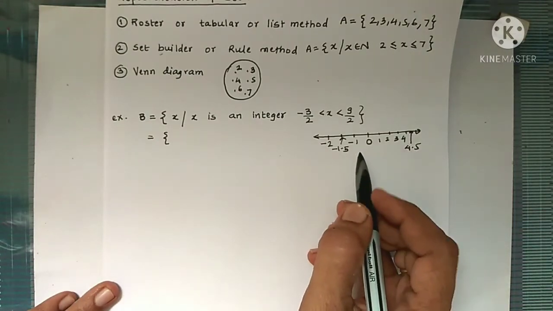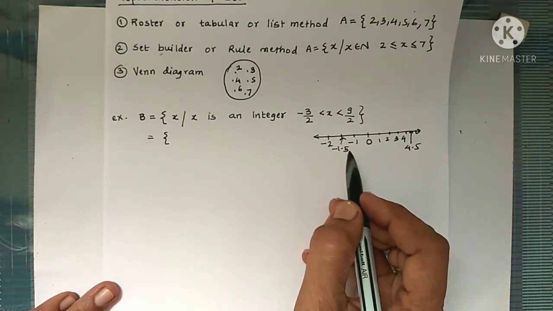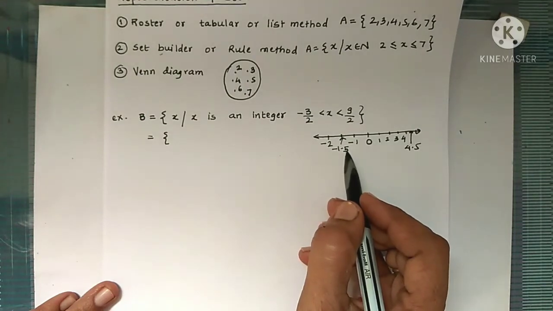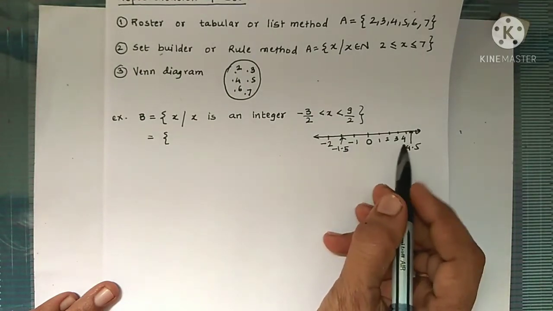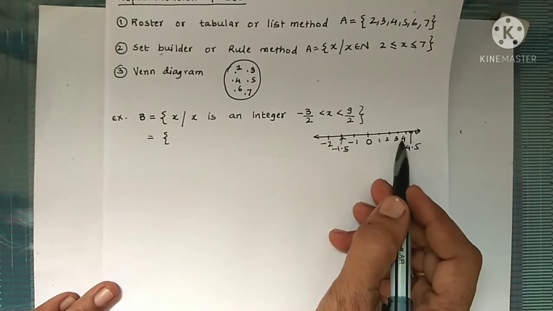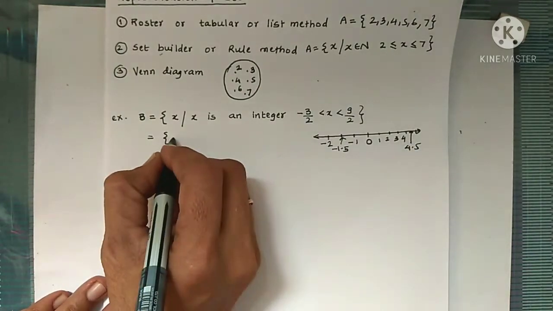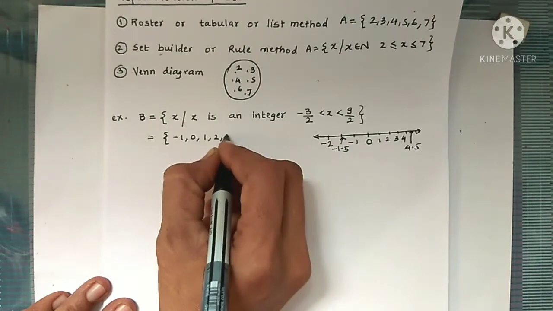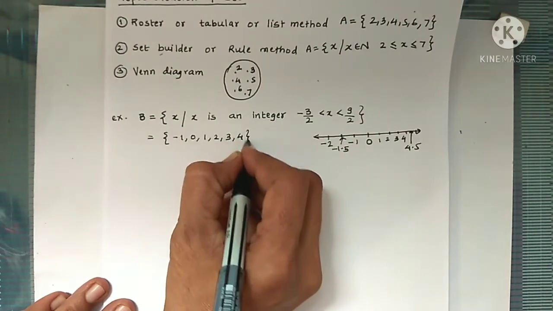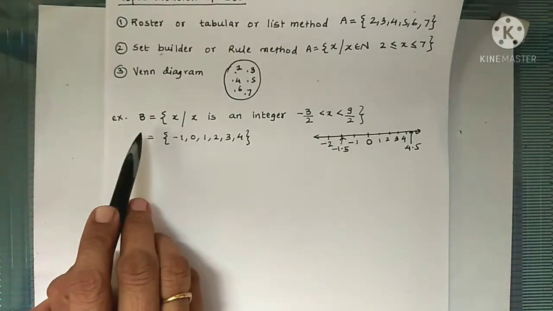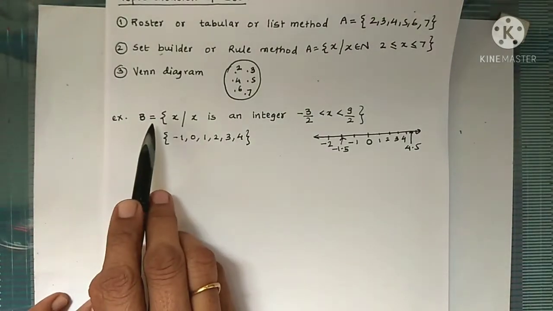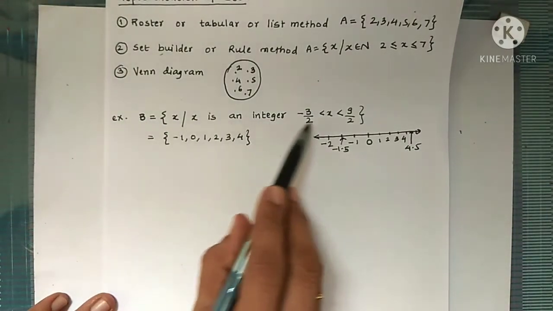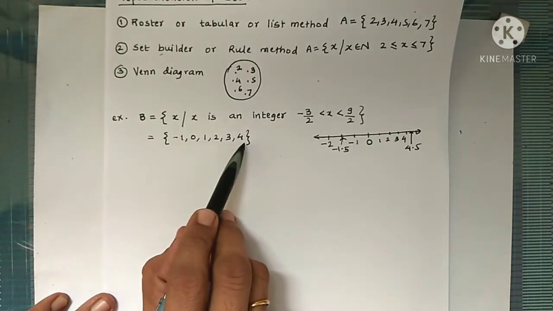We want integers which are greater than -1.5, that means to the right of -1.5, but less than 4.5, that means to the left of 4.5. So those numbers are -1, 0, 1, 2, 3, 4. Now here B is represented by roster method, and here it is represented by list method.